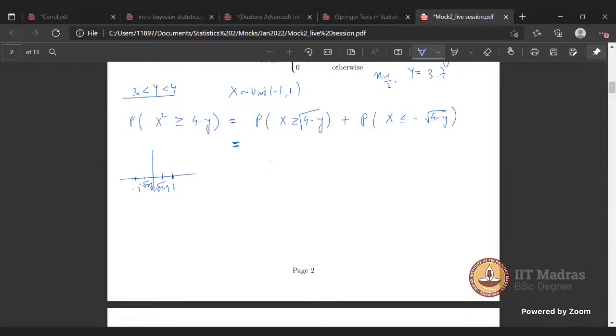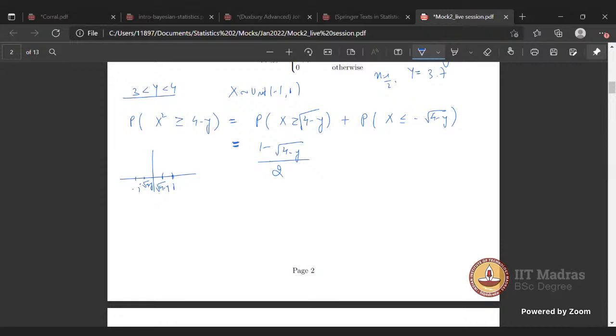So between these two, again, it is going to be just 1 minus root of 4 minus y divided by 2, right? It is in between. It will come x less than or equal to minus root of 4 minus y will be less than -1 or in between that.